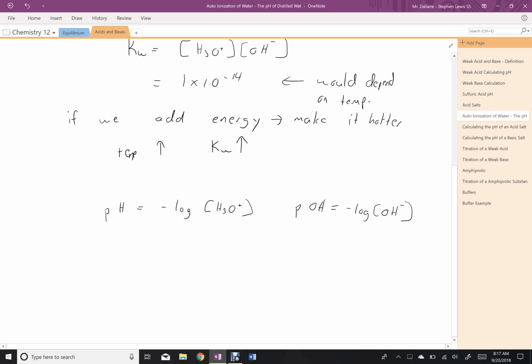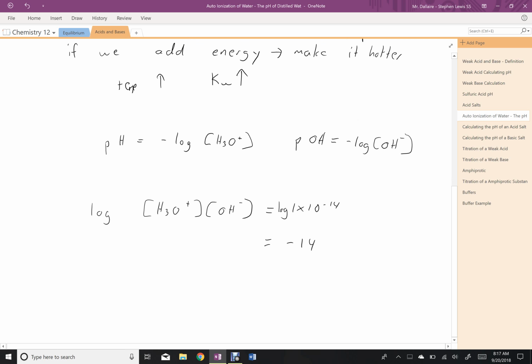If we take the fact that the concentration of H3O plus times the concentration of OH minus, at Kw in normal temperature, is 1 times 10 to the negative 14, and then we take the log of both sides, then we get the value negative 14 over here.